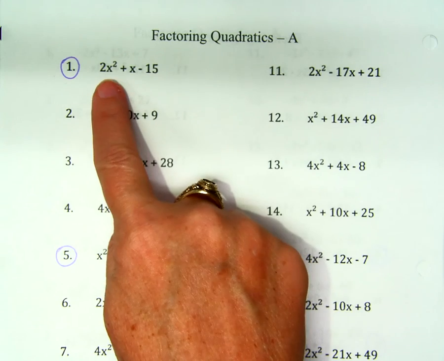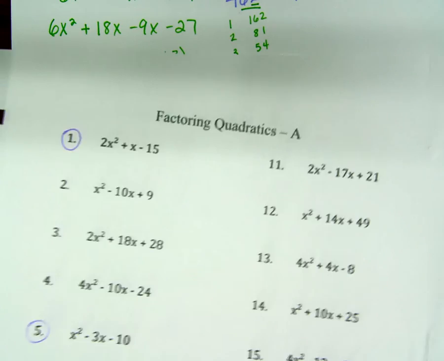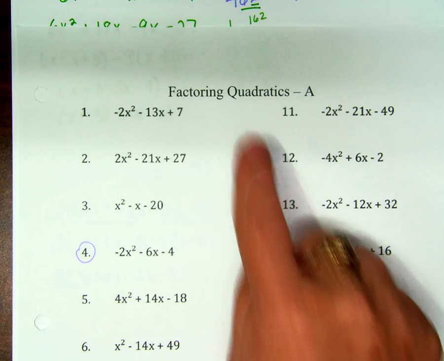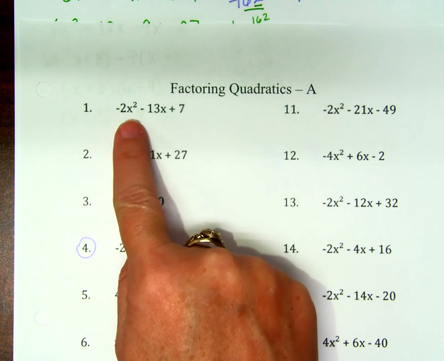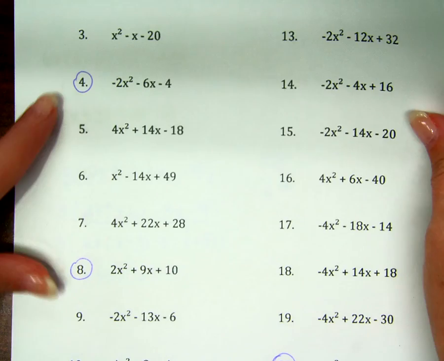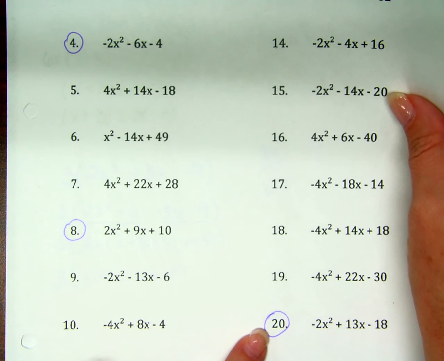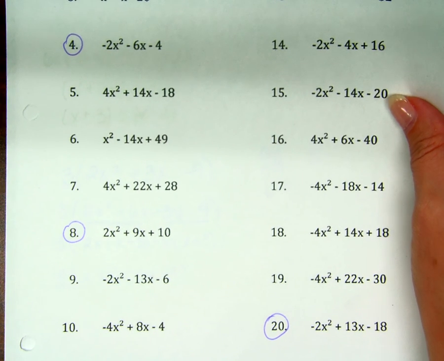That's the side that starts with 2x squared plus x minus 15. I was apparently feeling ornery this day because the third worksheet is also called A for some reason. Okay? And it starts with negative 2x squared plus or minus 13x plus 7. On that page, I want you to do 4, 8, and 20. Okay? Any questions? No. Okay.